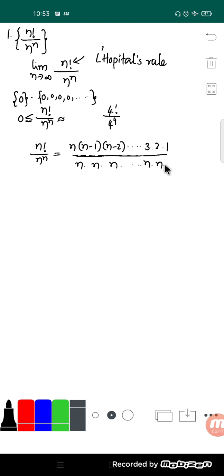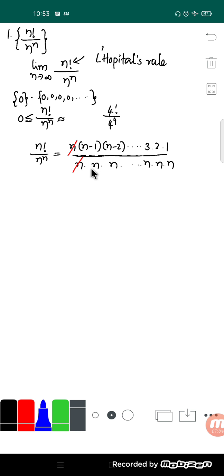For each and every term there is one n here, so we can cancel out the first terms in the numerator and denominator since they are equal, and then the remaining terms we can estimate.